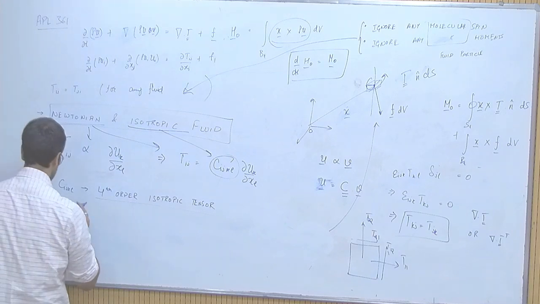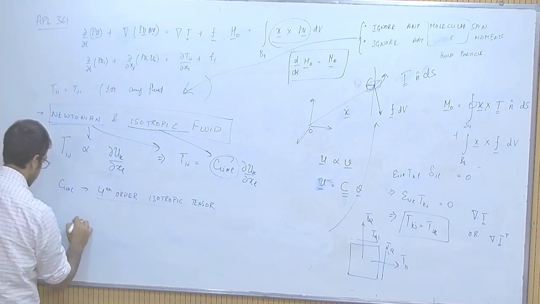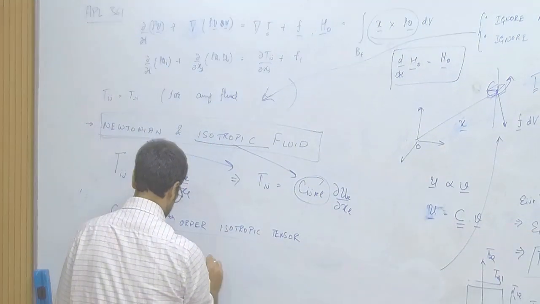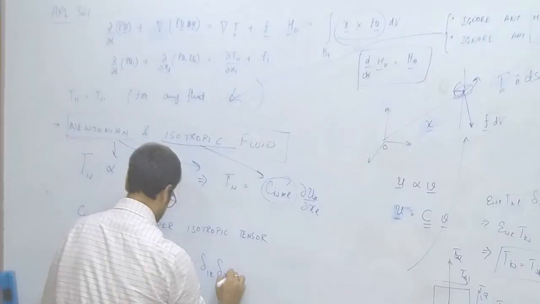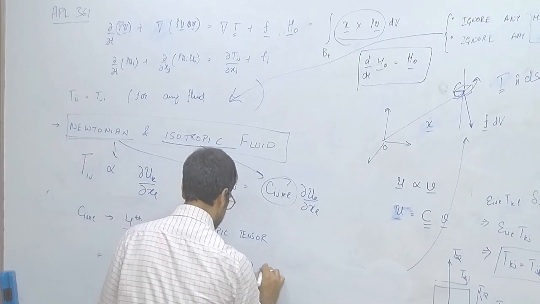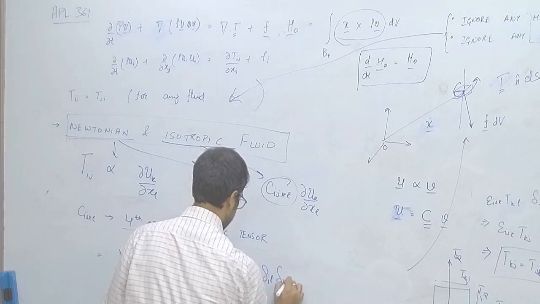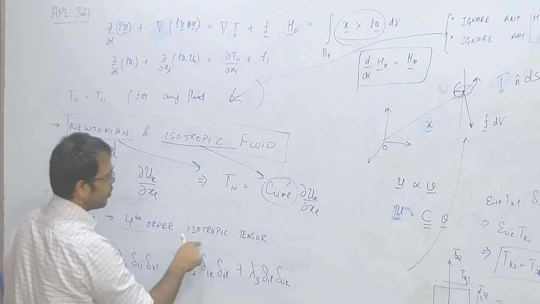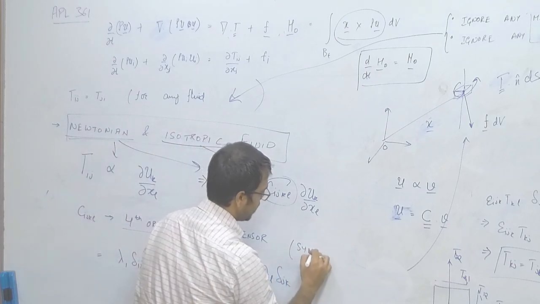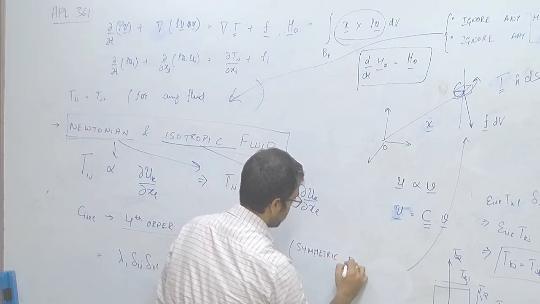Okay. And as it turns out, I can write this Cijkl as some lambda 1 delta ij delta kl plus some lambda 2 delta ik delta jl plus some lambda 3 delta il delta jk. Now since this guy is symmetric as well, remember Tij is Tji, so it's not just a fourth order isotropic tensor, it is symmetric in ij as well.